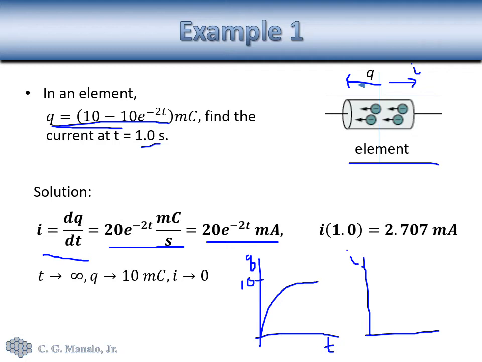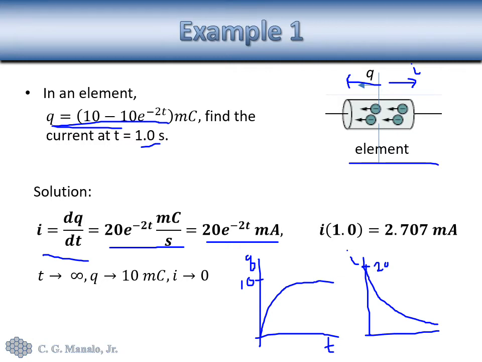So this is I, and this is 20 here, and then it decreases and approaches 0 as time approaches infinity. So that is how the current behaves when the charge starts to go constant.